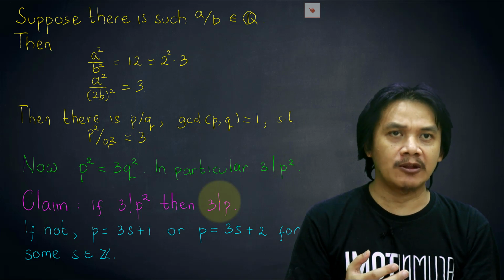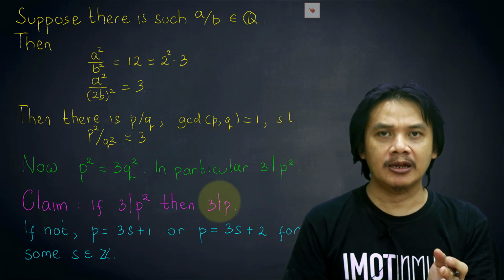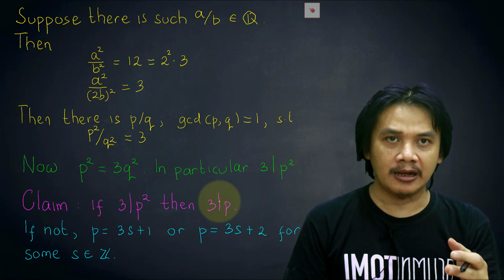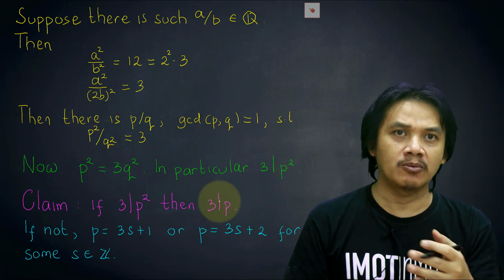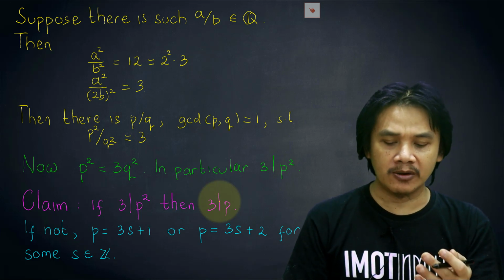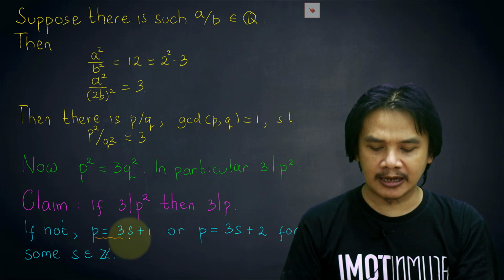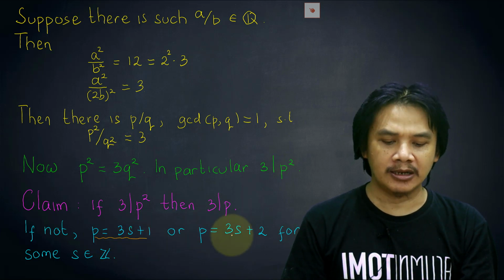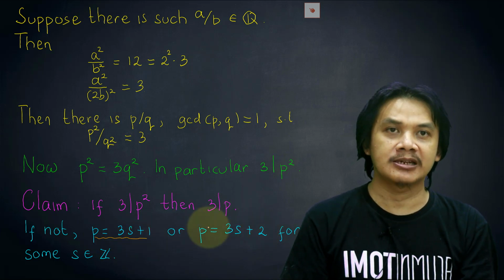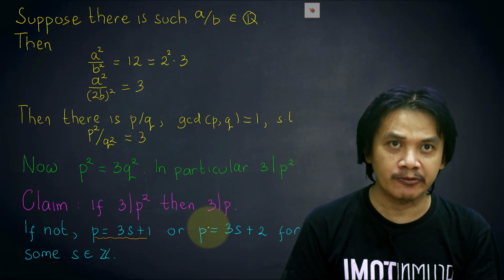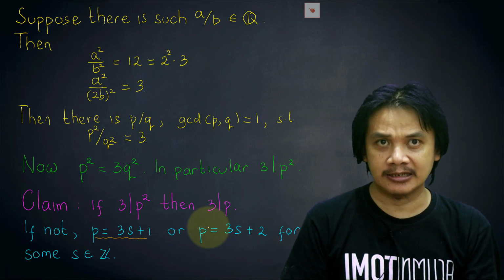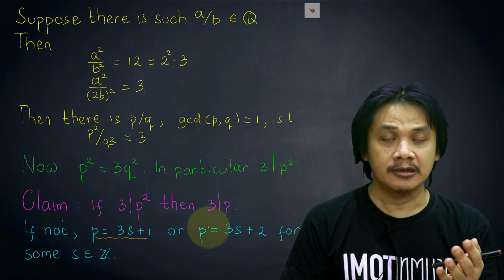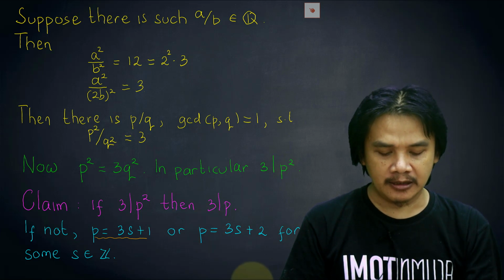It means that when we divide p by 3, we get a remainder, and the remainder can be either 1 or 2. In other words, p can be written as 3s plus 1, or p can be written as 3s plus 2, for a certain integer s.